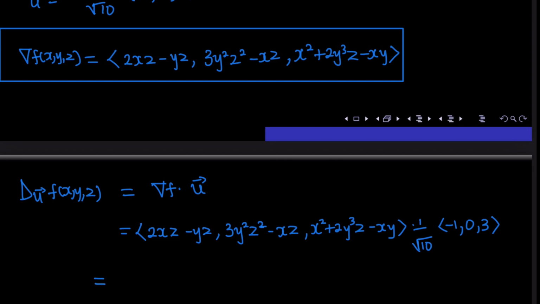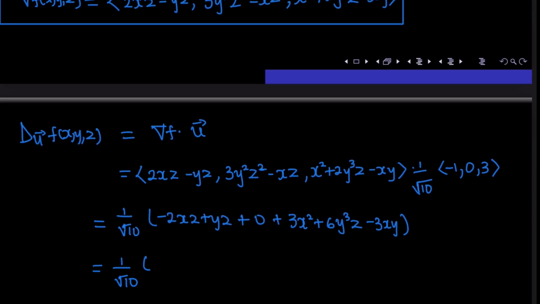So we can factorize 1 over root of 10 out. Then the x component will multiply the x component. So that's going to give us minus 2xz plus yz. Now the y component in the unit vector is 0. So that part will go to 0, plus 3x squared plus 6y cubed z minus 3xy.